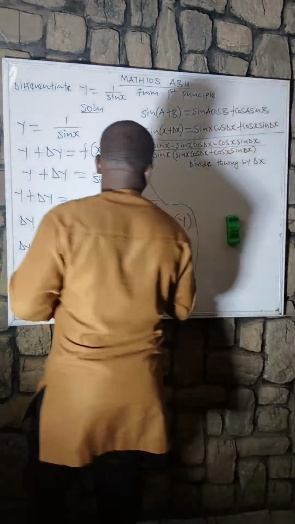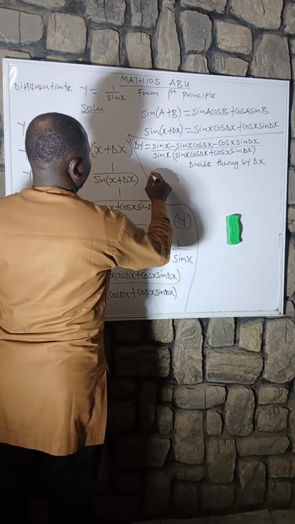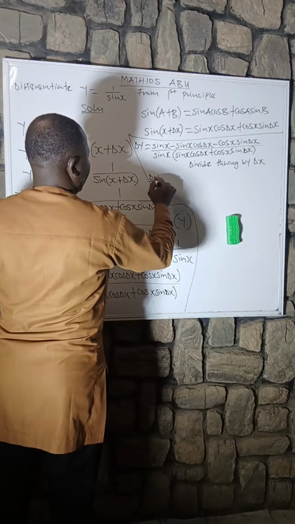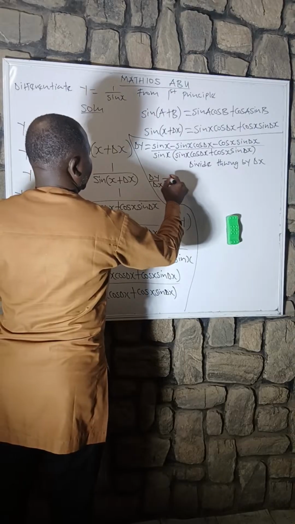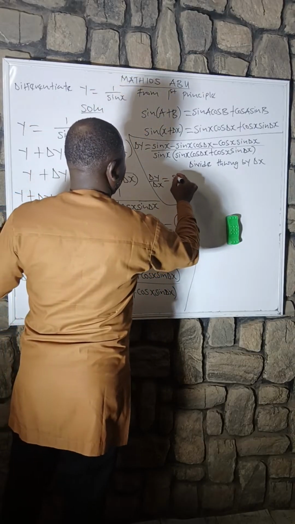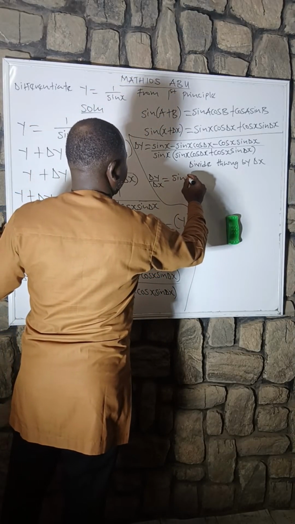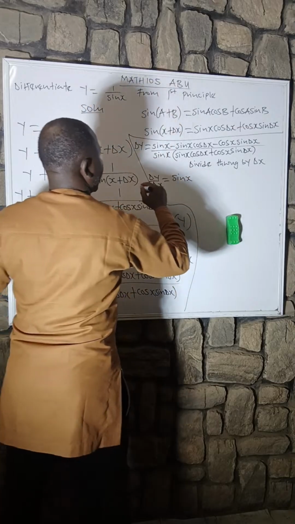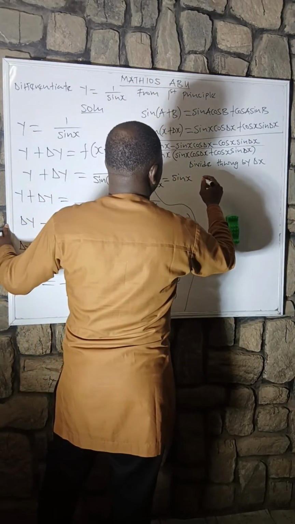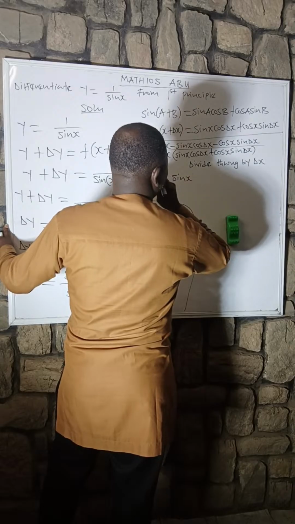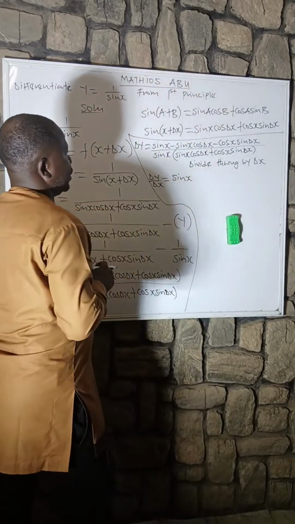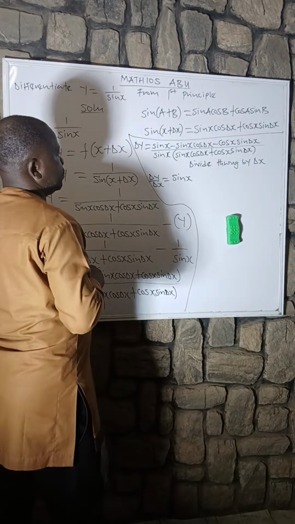Here will now be our dy over dx equals sine x. Look at the board very well.